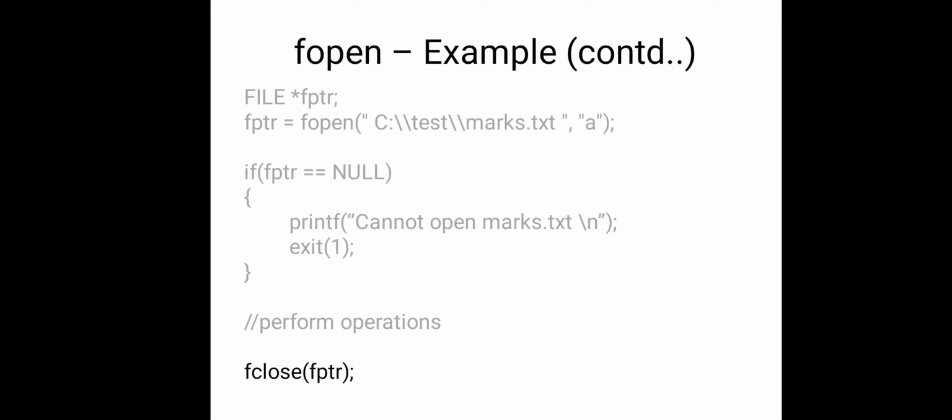After performing all the operations, we have to properly close the file using the fclose function and passing the file pointer that we used for opening the file. So using this fopen, we open the file and assign it to fptr. If we want to close this file, then we pass that pointer variable here.